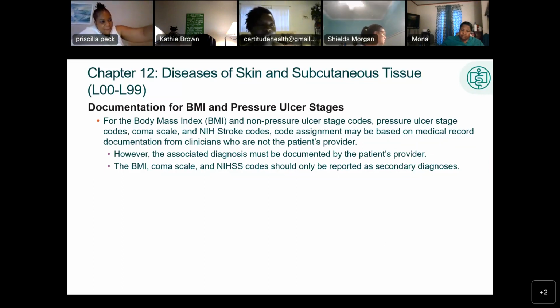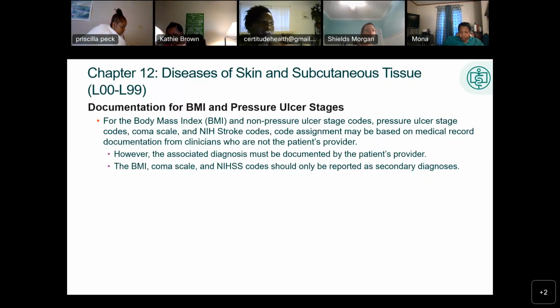If the patient has hypertension, end stage renal disease, diabetes, and pressure ulcers, any one of those doctors can document that the patient has a high BMI and that may have contributed to their pressure ulcers.